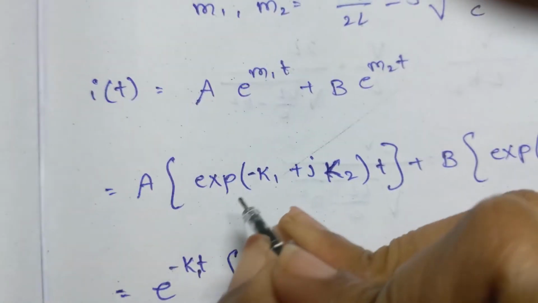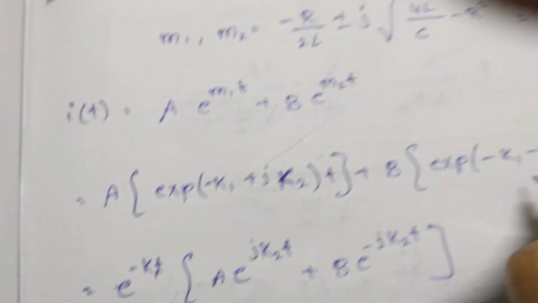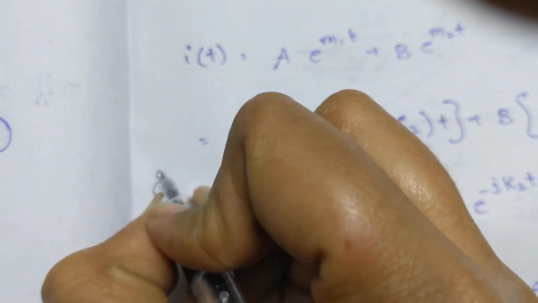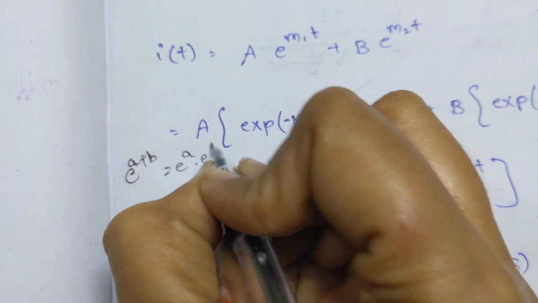Here we know that exponential of a plus b is nothing but e^a into e^b.